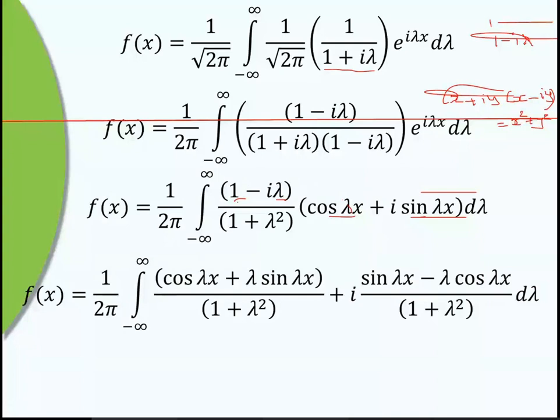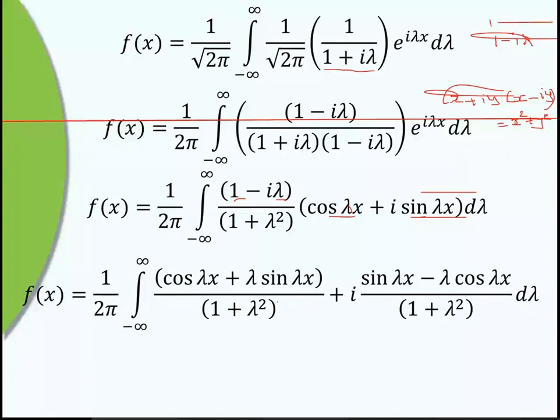So the product will be 1 into cos lambda x minus lambda into sin lambda x, minus minus becomes plus, I into 1 into sin lambda x plus imaginary into real part, that is minus lambda into cos lambda x. And then separating the denominator.